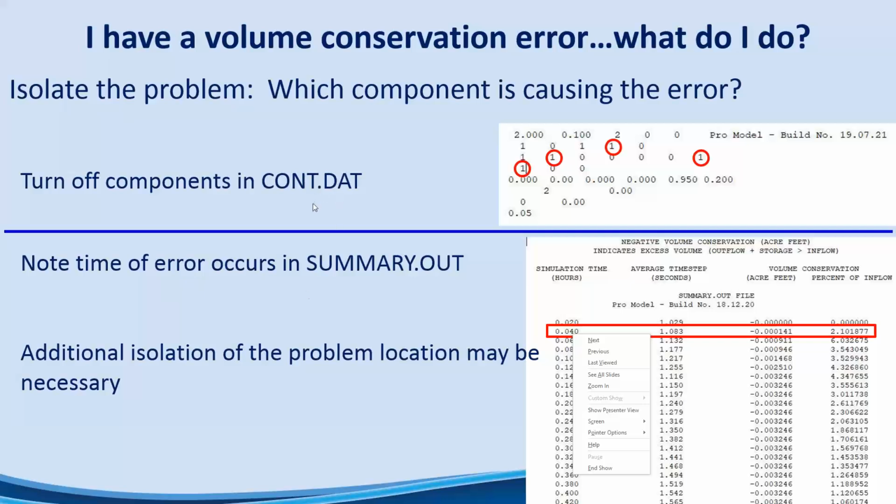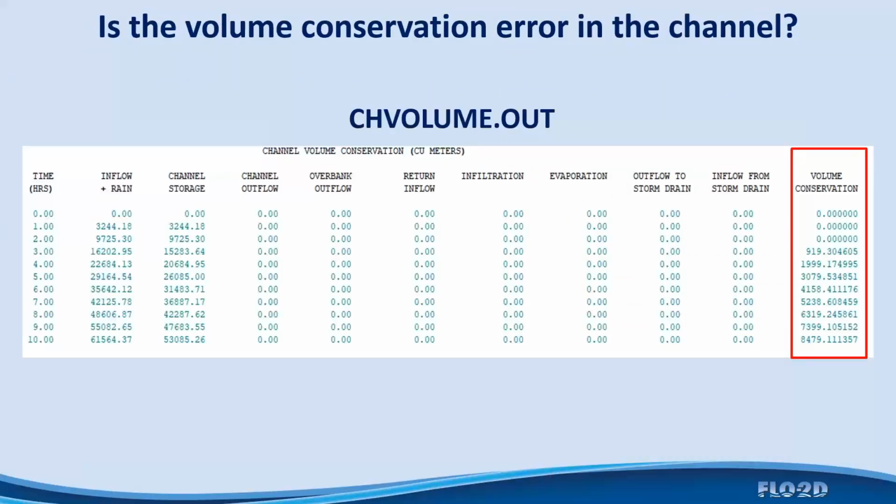If your model is not running on the order of 1,000th of 1% or smaller, and in Flow2D it's almost on the order of millionths of 1%, and it's completely zero, there's absolutely no error at all. If you can't do the accounting right in your model, I'd raise serious questions about whether or not the software is actually giving you valid output. So this is one of the issues.